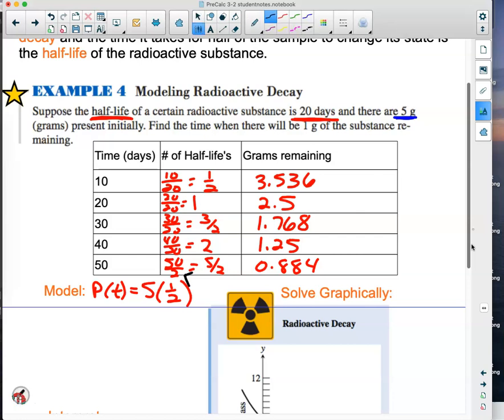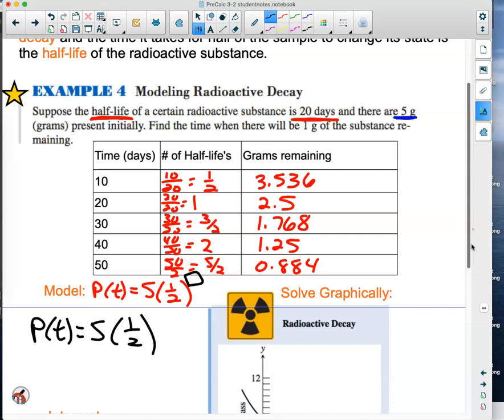So now, the reason I stopped writing my model was because I have to figure out what I should be using right there for T. And each time that we did this chart, we ended up taking the number that we had for time in days and dividing it by 20, because that was the interval when a half-life was going to occur.